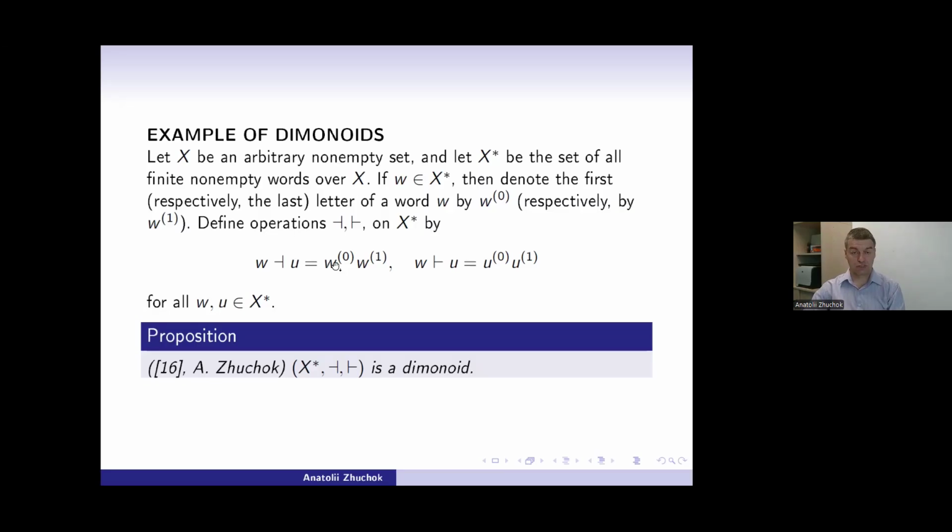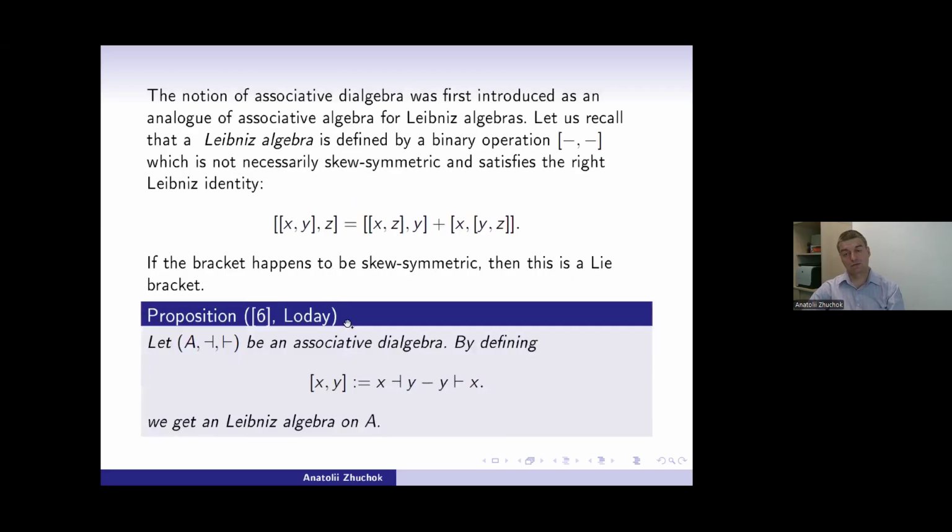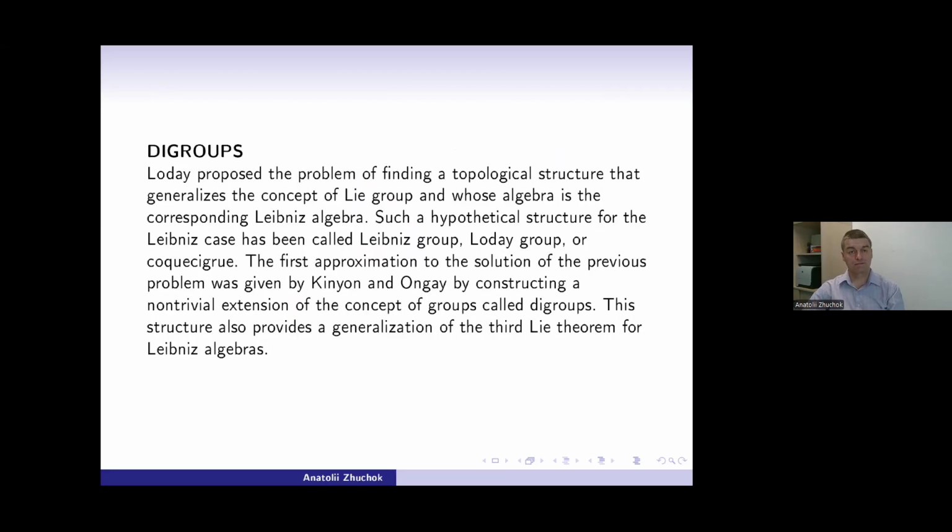In the first case, we use only the first word, and in the second operation we use the first and second letter of the second word. Then we have an algebra structure which satisfies the deassociativity law, these axioms. This is an example of diamonoids.